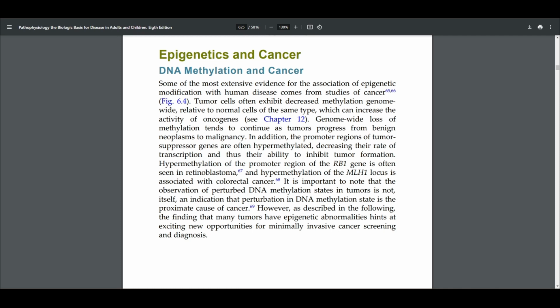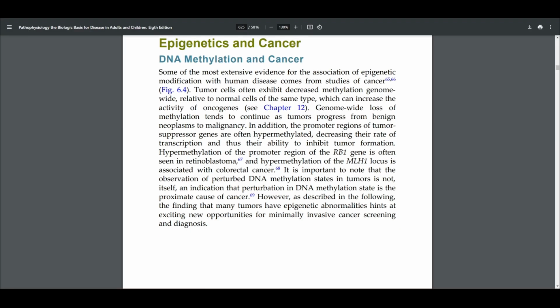Genome-wide loss of methylation tends to continue as tumors progress from benign neoplasms to malignancy. In addition, the promoter regions of tumor suppressor genes are often hypermethylated, decreasing their rate of transcription and thus their ability to inhibit tumor formation.